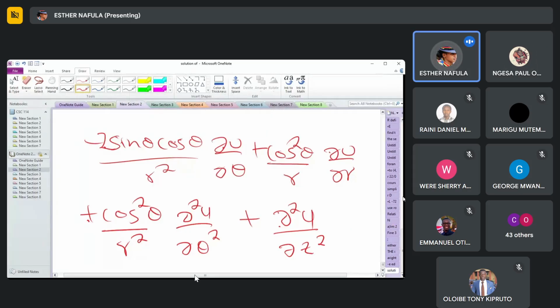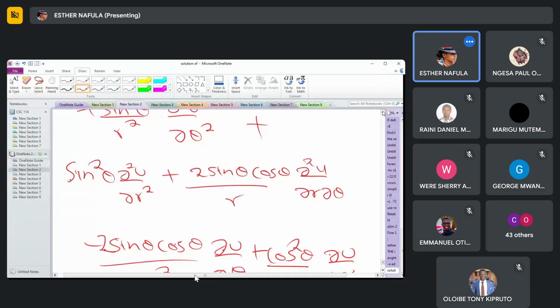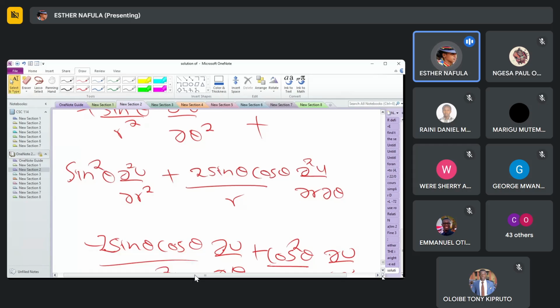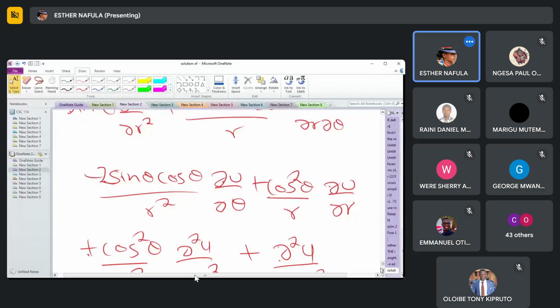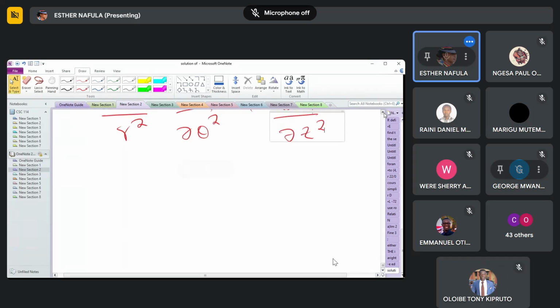If you simplify this, try to cancel out any like terms with opposite signs. We have 2 sin theta cos theta over r partial squared u partial r partial theta. Do we have a minus 2 sin theta cos theta over r partial squared u partial r partial theta? Yes, so they'll cancel out.